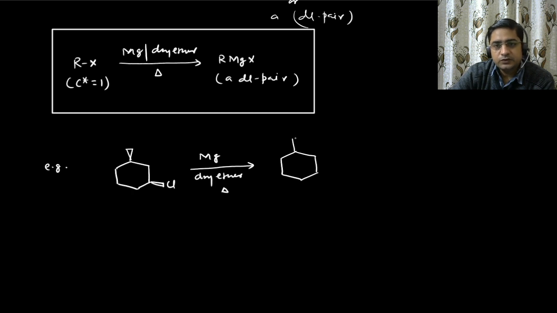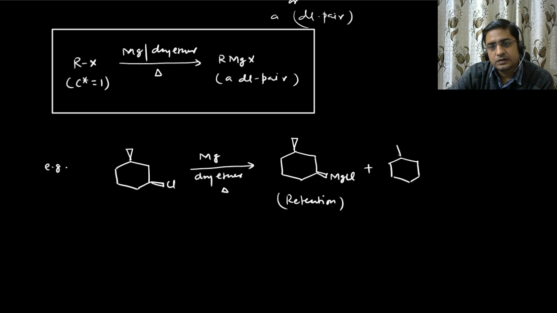So we get two products. One will be like this. This one is retention of configuration and the other will be inversion of configuration, or a DL pair.